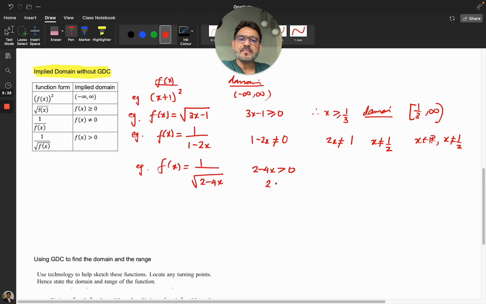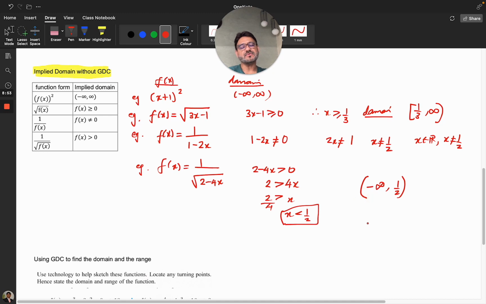So 2 is greater than 4x, 2 upon 4, so x is less than half. My domain is x is less than half. So from minus infinity to half, where half is excluded. Minus infinity is also excluded. So x is less than half. All the values on the left hand side of x will be the domain.